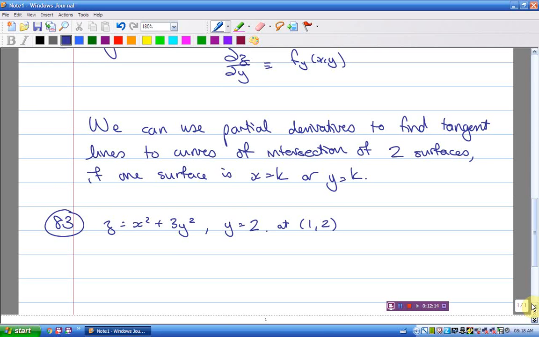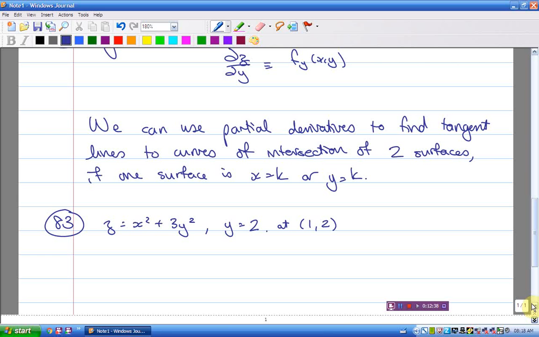So the curve is drawn onto the surface of the paraboloid, but it's also drawn onto the plane, okay? So because our curve sits on the plane y equals 2, it means in the context of our, so here we go, here's our origin, there's the x-axis, there's the y-axis, here's the z-axis, and we've got this plane y equals 2 that's slicing through this elliptical paraboloid.